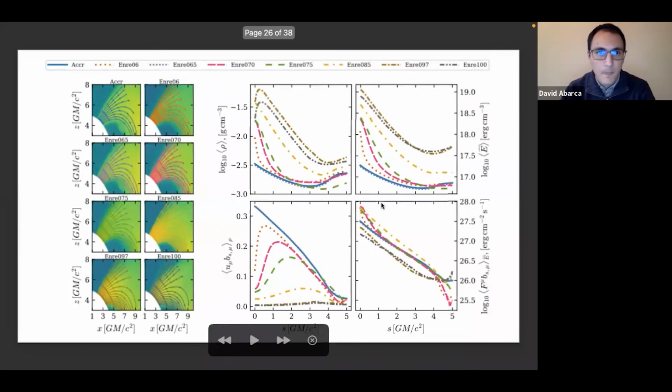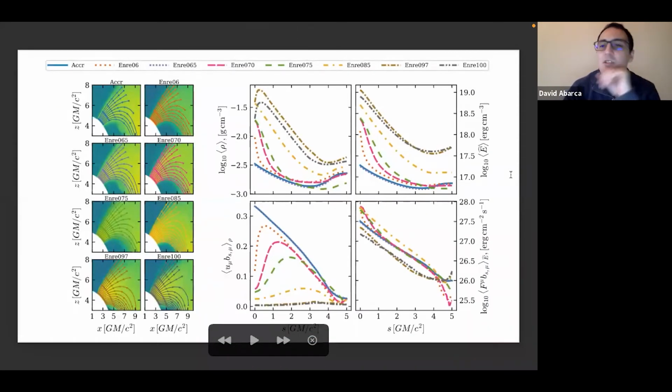Okay. So it's interesting to examine some different properties of the accretion column. So what I've done here is I've taken the accretion column, I've drawn some paths which follow magnetic field lines because the gas is flowing along magnetic field lines.